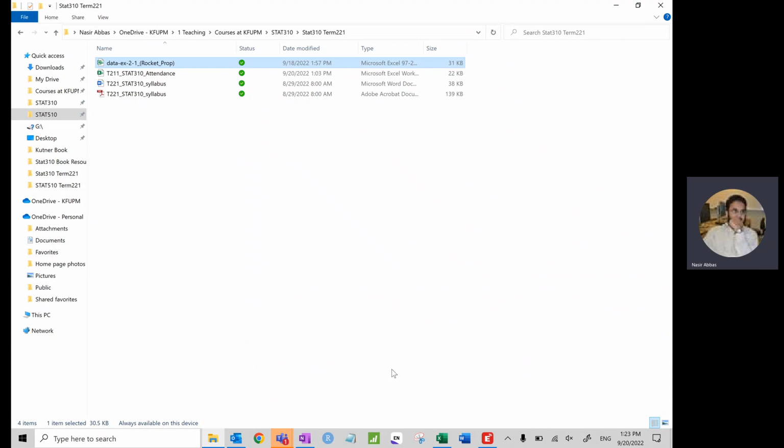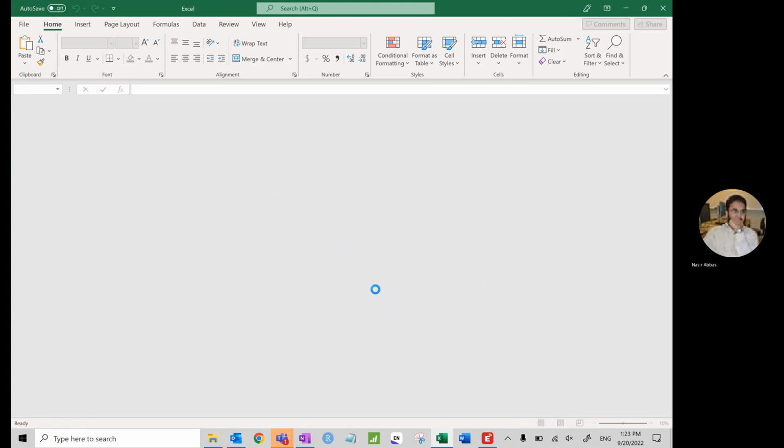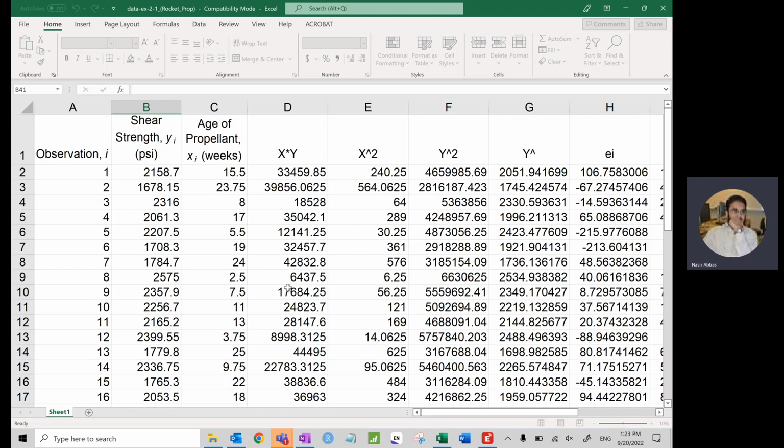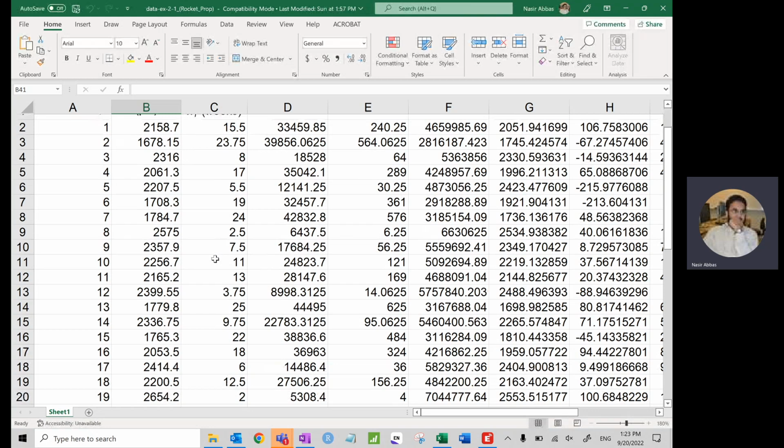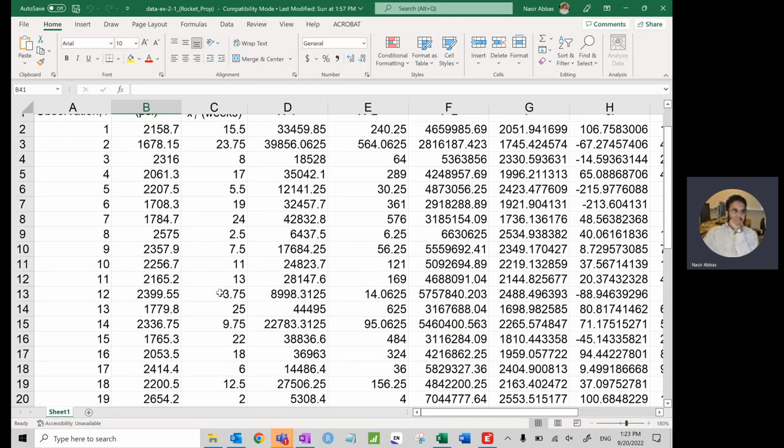So let us fix the age of a specific propellant for which we want to do the prediction. Suppose we want to see when the age of the propellants is, let us say, 15.